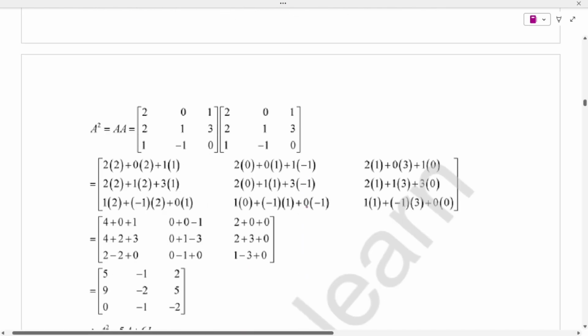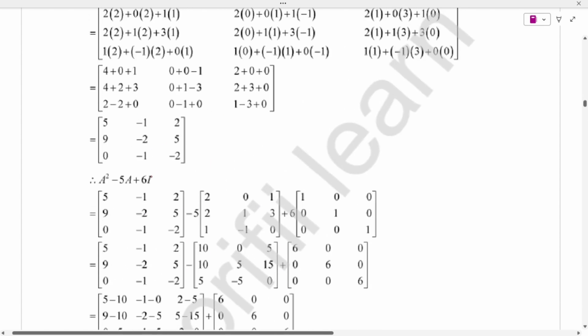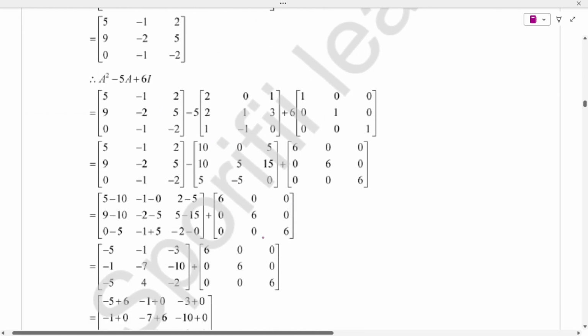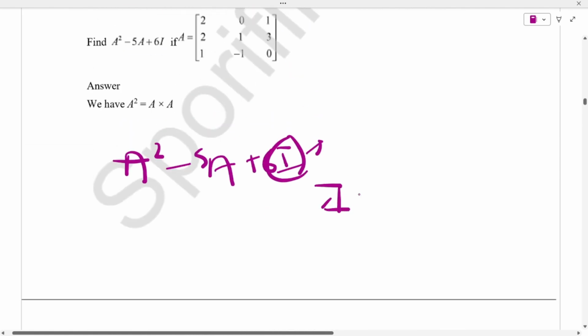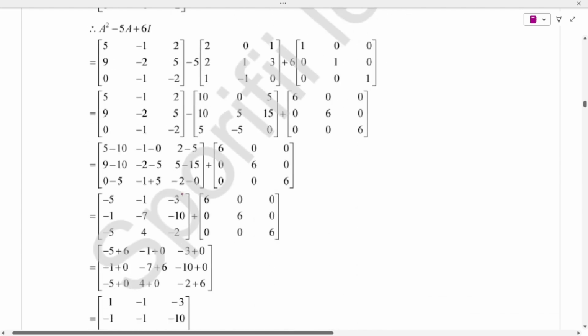First you find out A square and 5A and all, and then you can multiply it with 6 times I. That means identity matrix for 3 cross 3, the diagonals will be equal to 1, and the rest of the elements will be equal to 0. But here they have given 6I, so multiply 6 times. If you multiply 0 into 6, it will be 0 only, so only the diagonal is 6. This is how you solve the matrix problem.